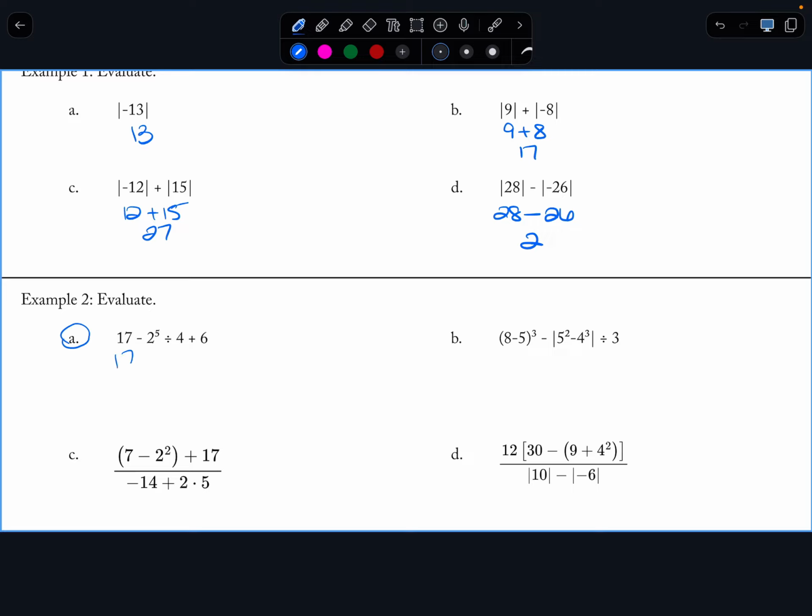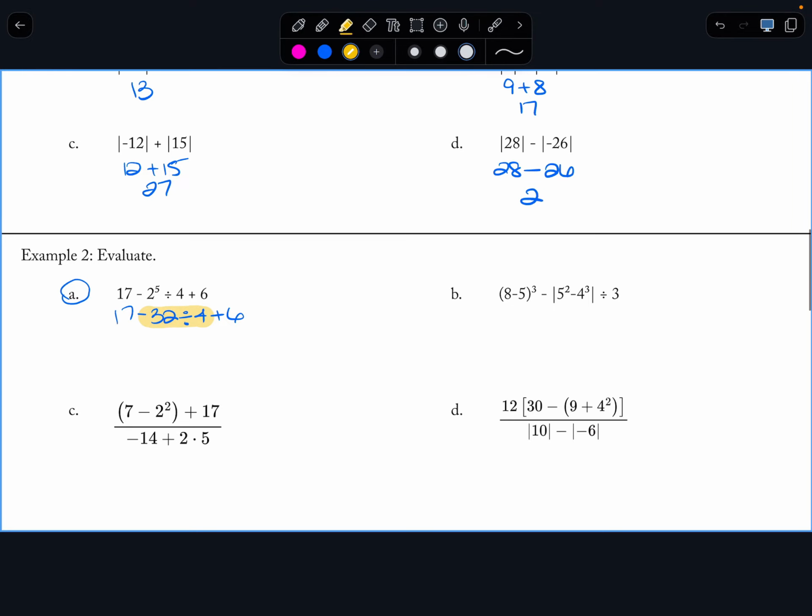All right, so I have to do my exponents first if I look at A. So 17 minus 2 to the 5th, which is 32, divided by 4 plus 6. Now don't get all weird on me. I have to actually do my division first before I do anything else. So I take my 17, and then I'm going to do my negative 32 divided by 4, which is a negative 8.